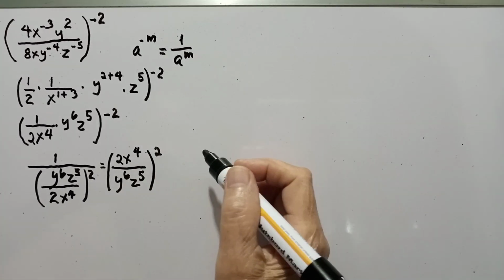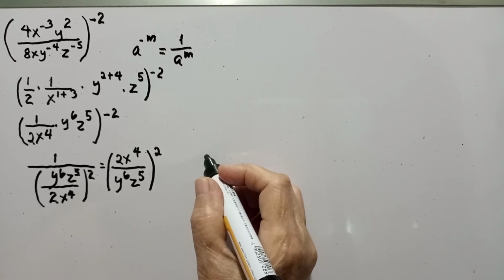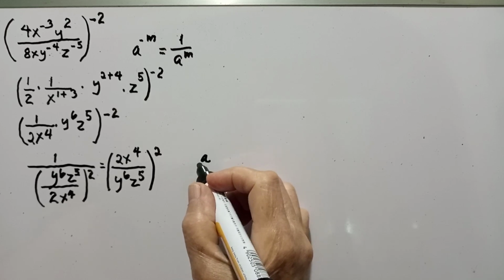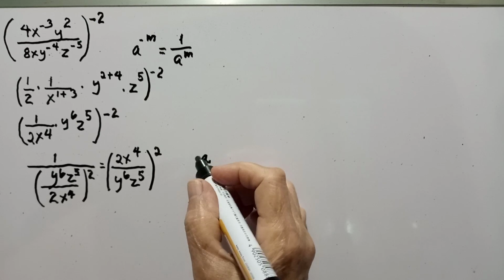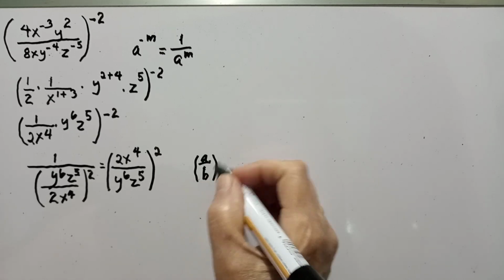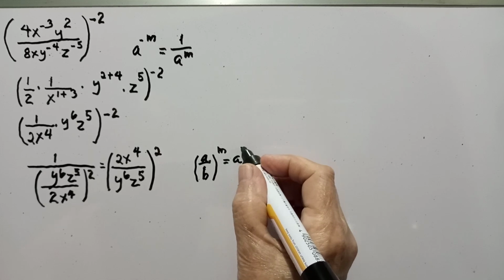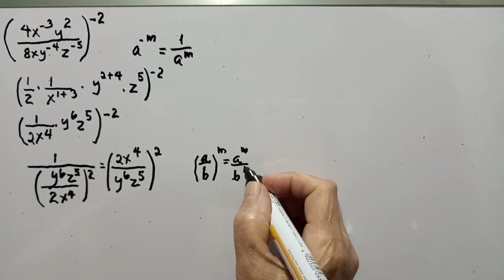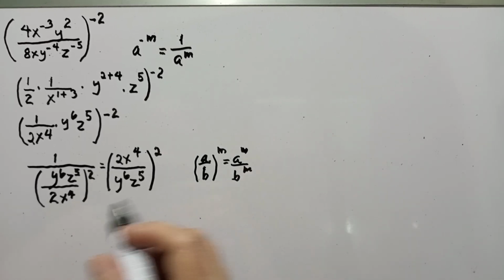Now remember the law of exponents again. We have a over b raised to the m is equal to a to the m over b to the m. So we will apply this law here.